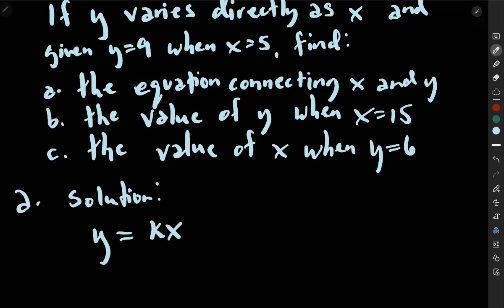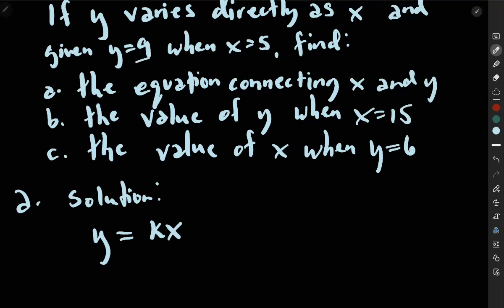If it's inverse, then we're going to put the x in the denominator, like this, y equals k over x. That's inverse, but we will have that later. Since it's direct, the x variable, or whatever letter you use, as long as it's the other variable, is going to be at the side of the k. K is the constant, which we need to solve first using the initial given.